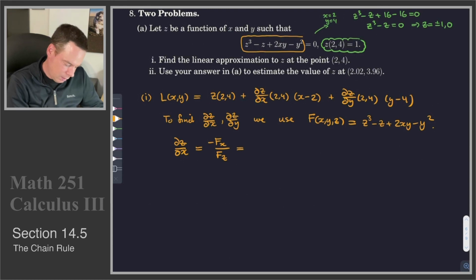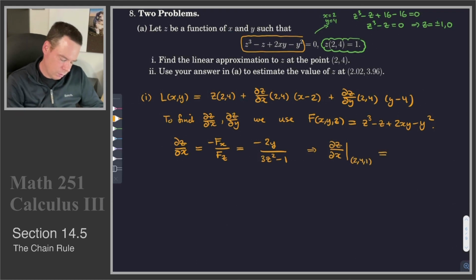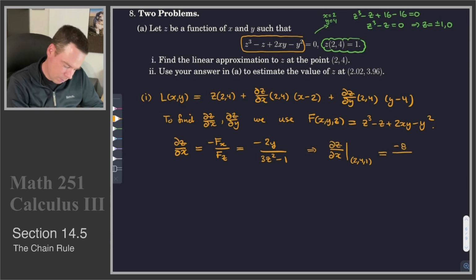So that's negative the x partial, which is 2y, all over the z partial, which is 3z squared minus 1. In particular, we want that x partial at the point (2, 4, 1). So we plug in 2, 4, and 1, and we get negative 2 times 4, so negative 8 up top, and 3 times 1 minus 1 is 2 on the bottom, so negative 4. There's our first partial.